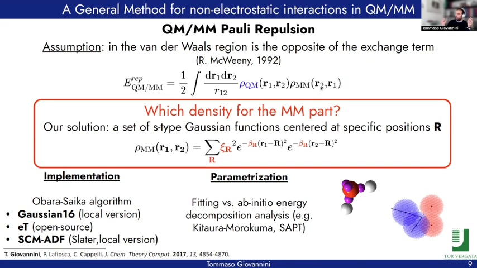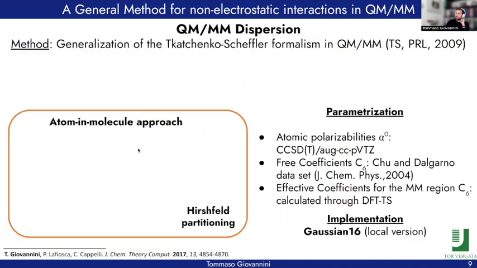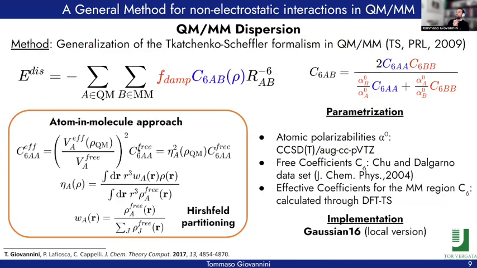This is an exchange integral. And of course, for the MM part, we do not have any way to describe it, so we need to create a model. What we did was to create this model in terms of S-type Gaussian functions. We parameterize with respect to ab initio models, and then we obtain our values for defining this density of the MM part.